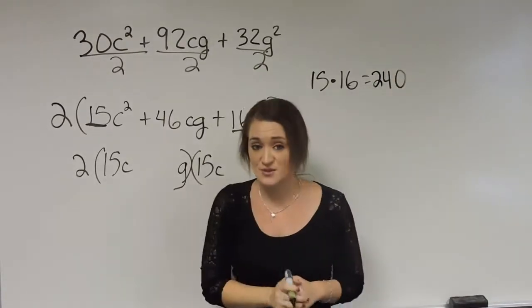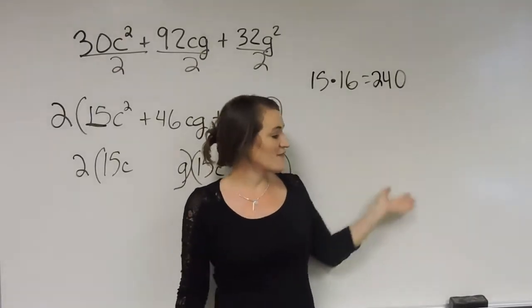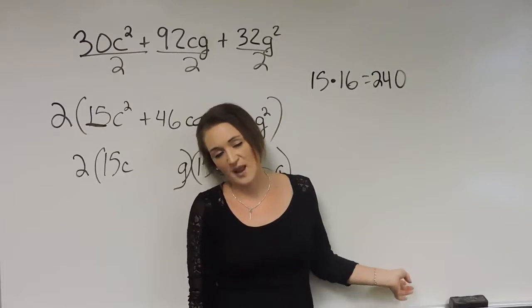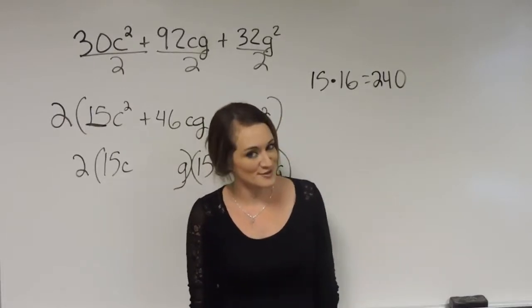Now what we're going to have to do is make a list of everything that multiplies to get 240. We might need to break out the calculators for this one.